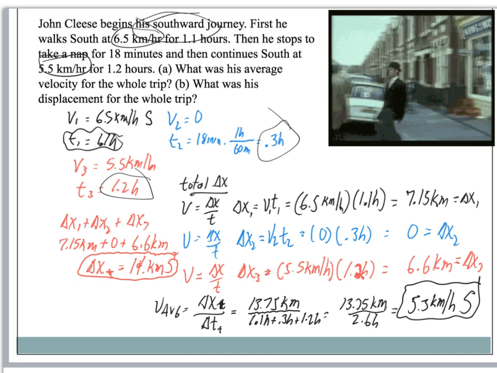So when you're doing a problem like this, you cannot just add up the velocities and divide by however many velocities there were, because the time that you were traveling at those velocities were not equal. So be careful about things like that. It seems obvious that, oh, I could just add them up and divide by 3, but you can't do that here. You have to take into account that they were not for the same amount of time.